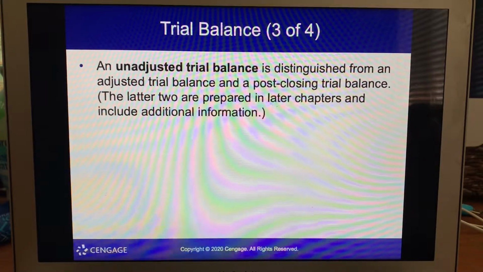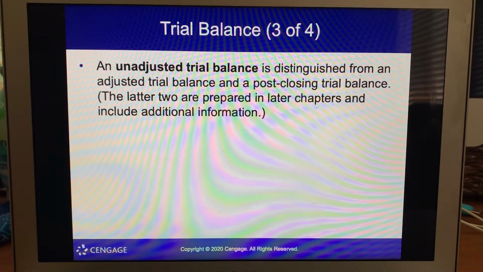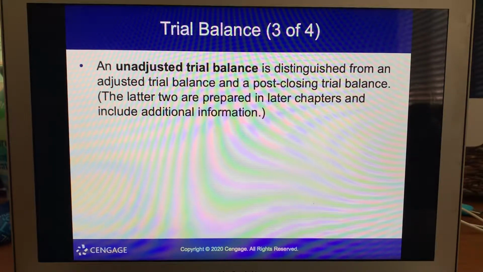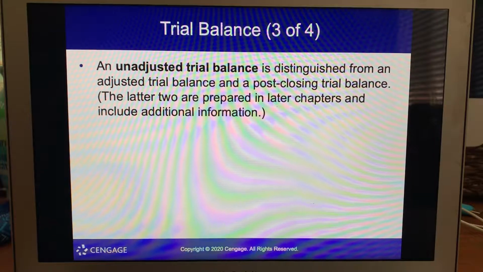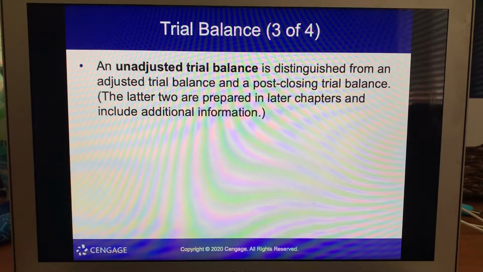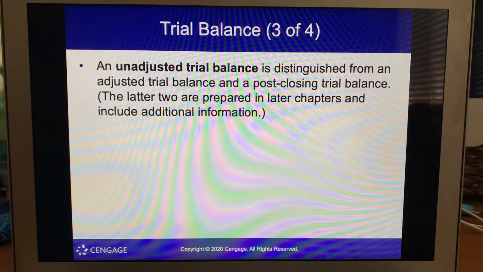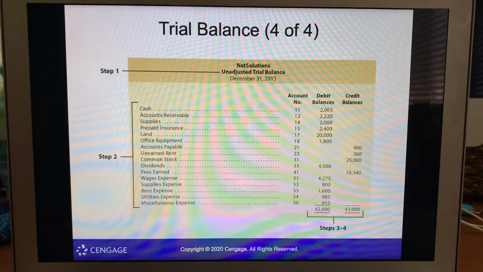checks and balance. So an unadjusted trial balance is distinguished from an adjusted trial balance and a post-closing trial balance. The latter two are prepared in later chapters. So basically what that's saying is we'll get into that in another chapter. So the trial balance, this is what it'll look like. As you can tell, this is the example that we just did for NetSolutions.